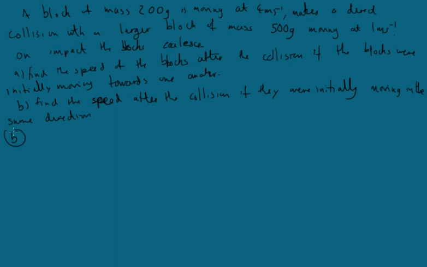Now let's look at the other scenario where we have the first block, again moving in this direction at 4 meters per second, and it still weighs 0.2 kilograms. And this block is moving at 1 meter per second with mass 0.5 kilograms. And then after, we've still got them moving with some other velocity we don't know, and the mass is 0.7.